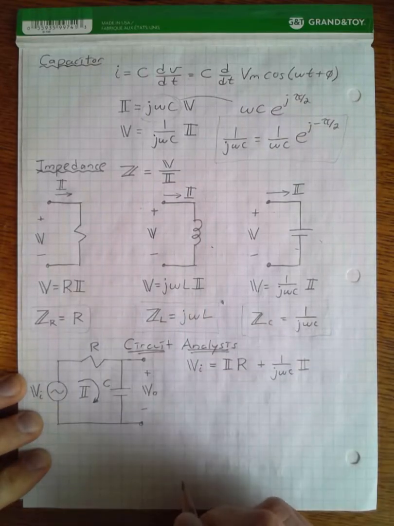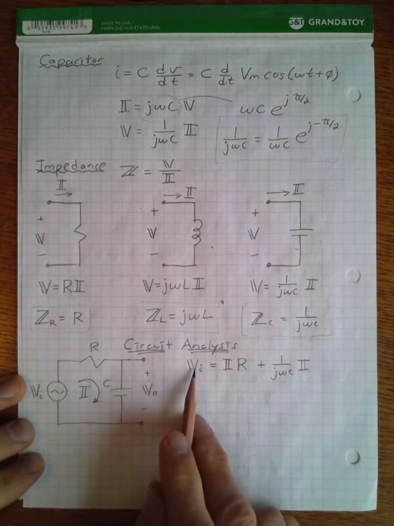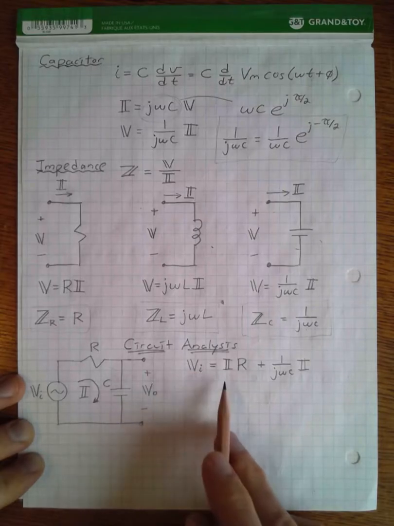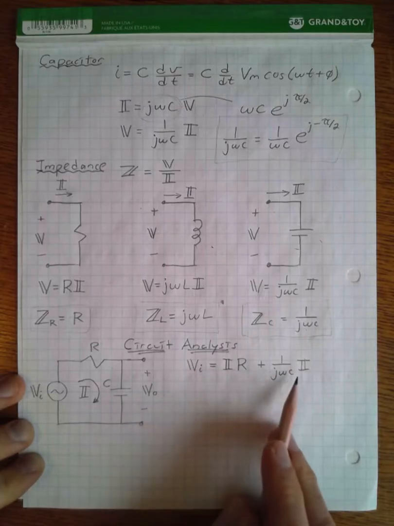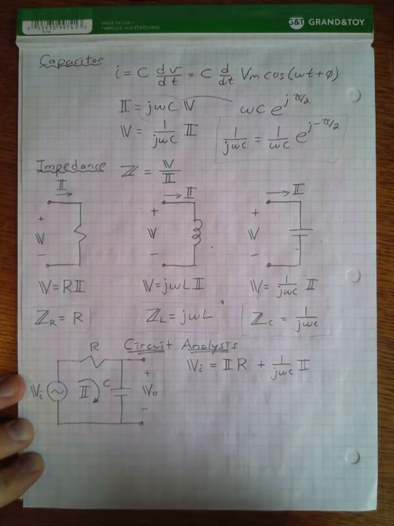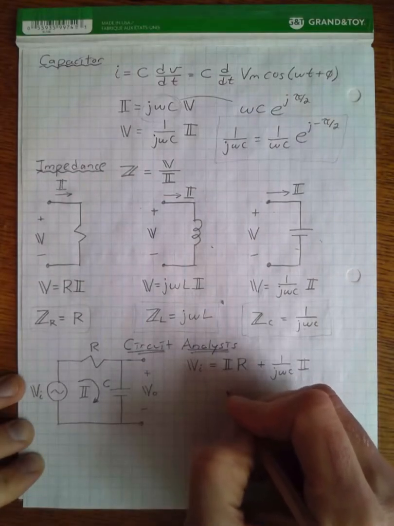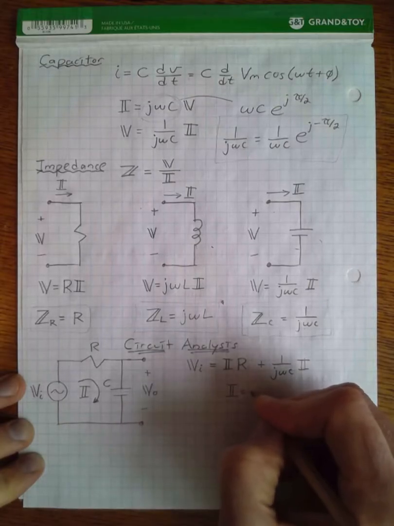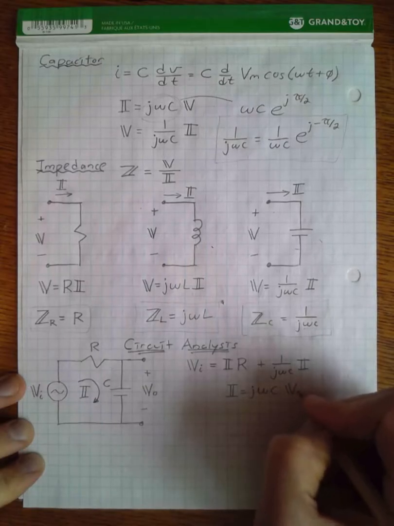And we want to have an equation just in terms of the output and the input voltage. And so we want to get rid of this current, but we know that the current through the capacitor is equal to j omega C times the output voltage.